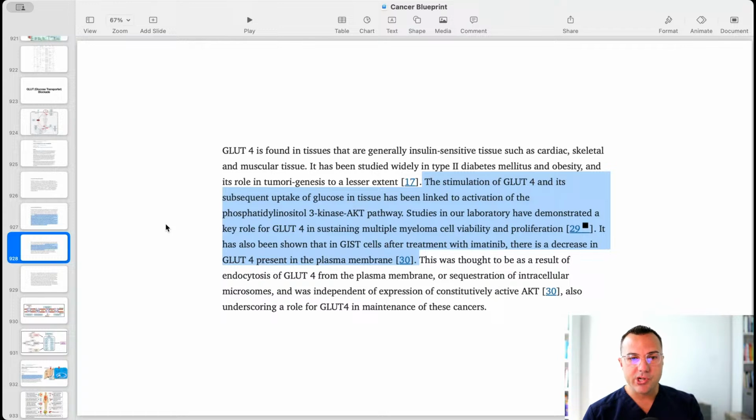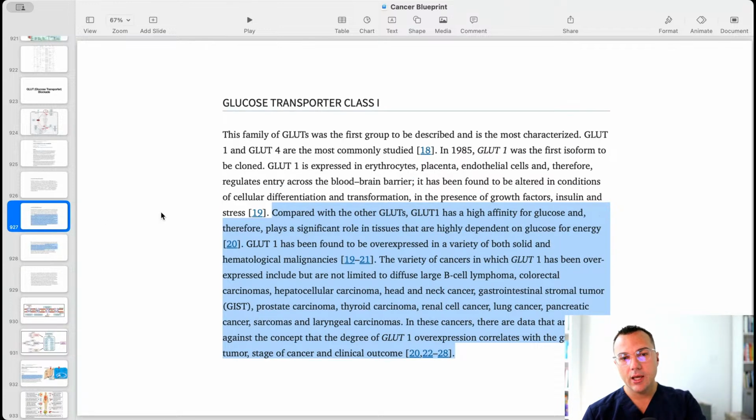It has also been shown that in GIST cells after treatment with imatinib, there is a decrease in GLUT4 present on the plasma membrane. So this highlights that there are different GLUT transporters present on other types of cancers. And it seems that GLUT1, at least according to this paper at this period of time, seems to be the most important for the largest variety of cancers, I would say.